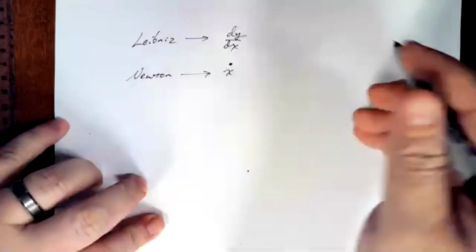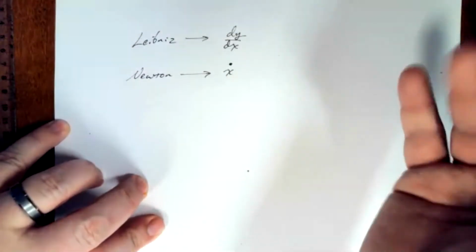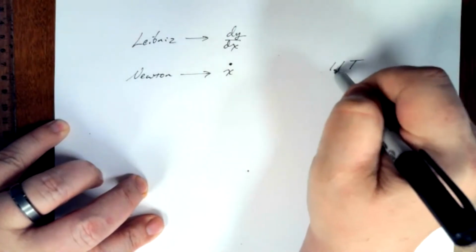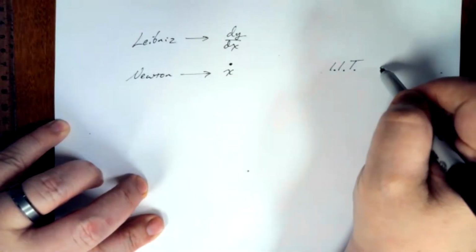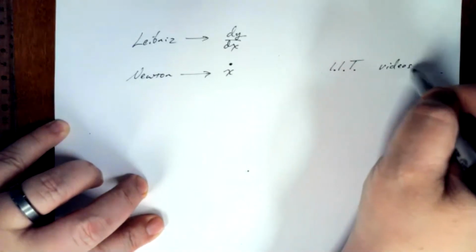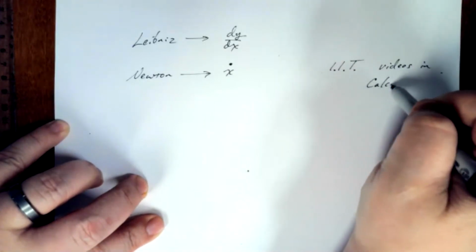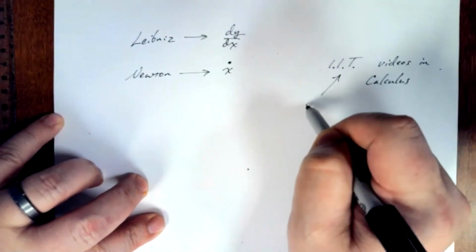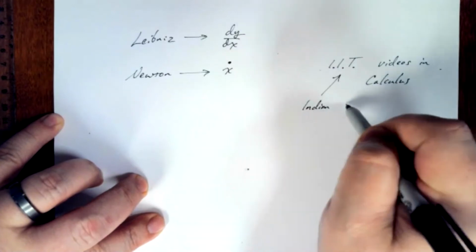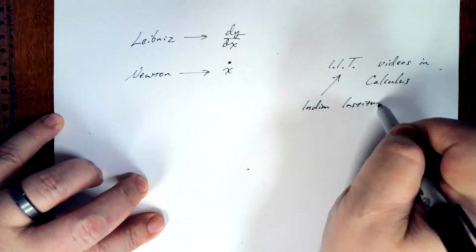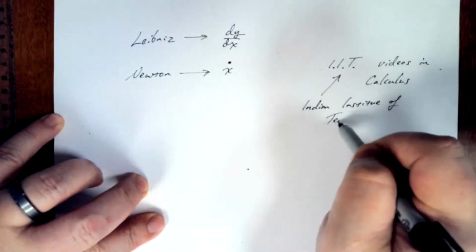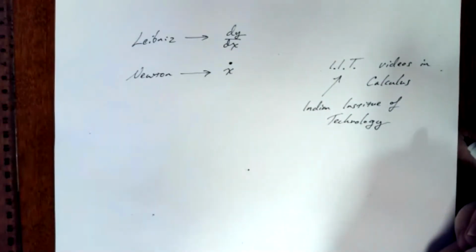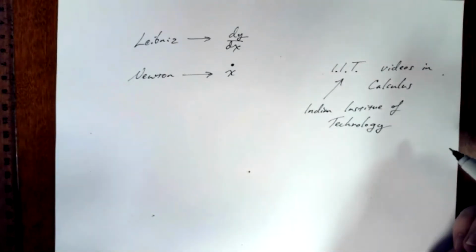And if you're ever interested in seeing that, just to see it, look up IIT videos in calculus. IIT is the Indian Institute of Technology. It's basically their version of MIT.